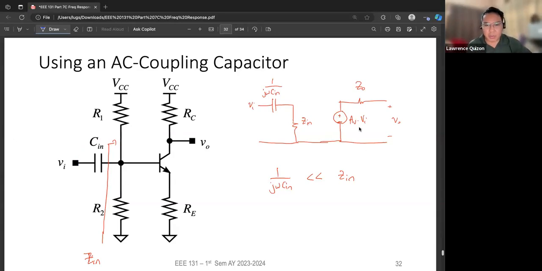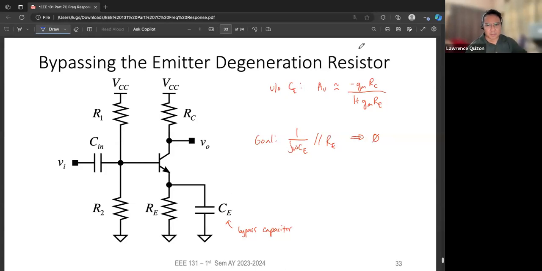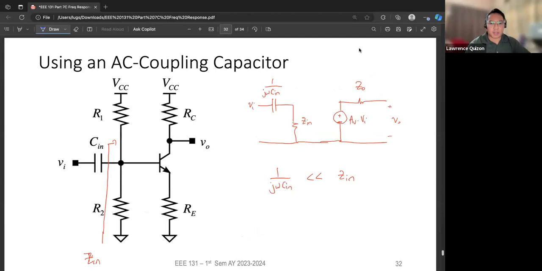Now, anong ginagawa nito dun sa gain natin? Well, it adds a 1 over j omega C in doon, katabi nung Z in, no? So it becomes a resistor divider as well. Okay. So we have that now V in is equal to Z in over, actually bakit Z in yan?